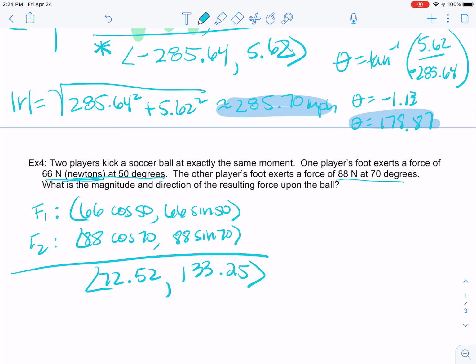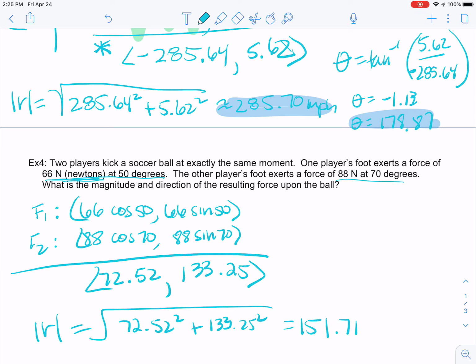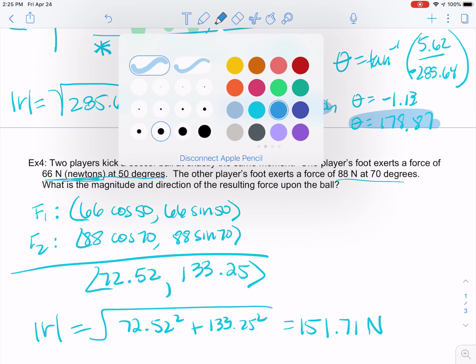And we get 133.25. And then we're going to do the magnitude of the resultant. It's going to be Pythagorean theorem. So square root of 72.52 squared plus 133.25 squared is 151.71, and that is newtons, okay?